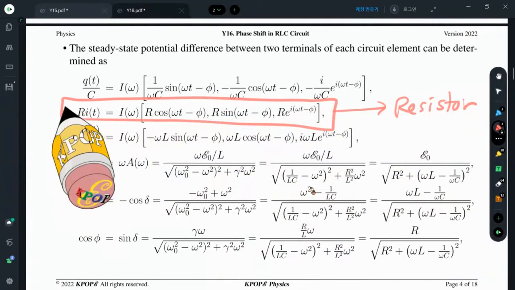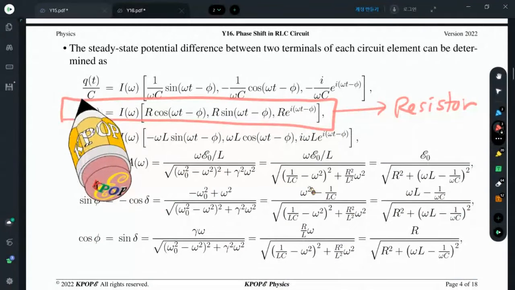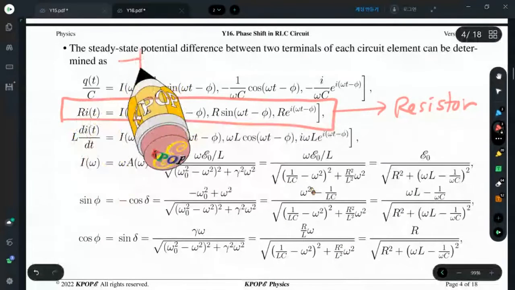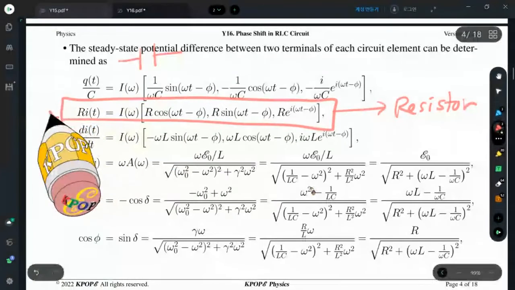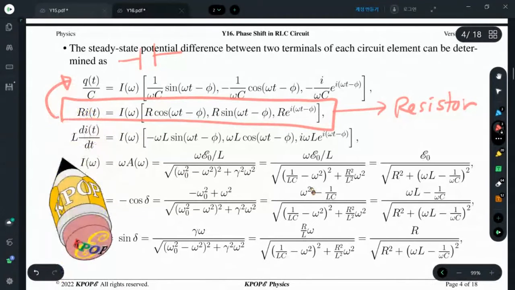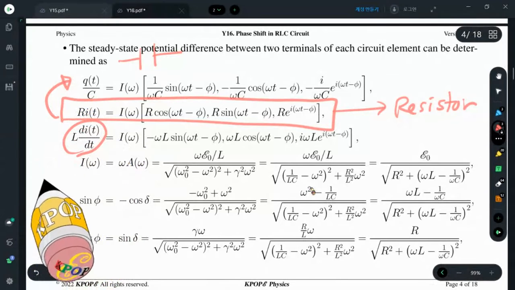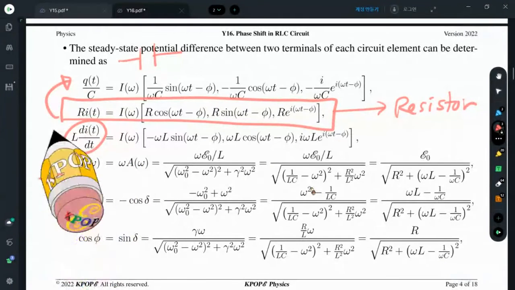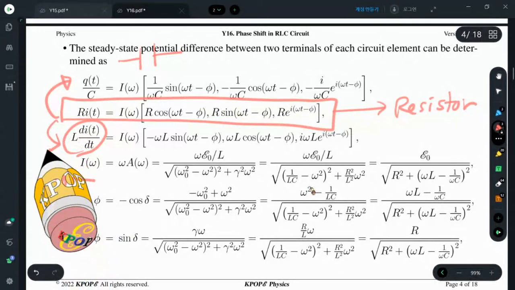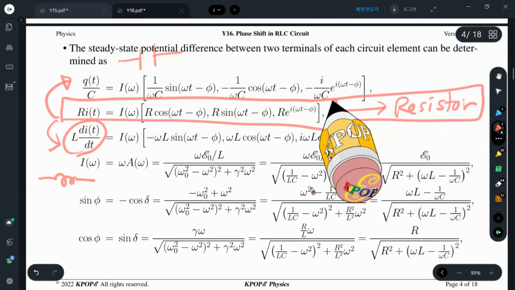And if you want to find the potential difference between the two terminals of a capacitor, you do a time integral. If you're interested in the potential difference between the two terminals of an inductor, you take the time derivative. So this is our reference.